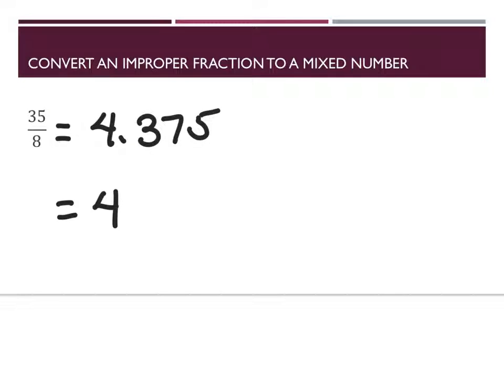So I write the 4 down, but I subtract it off the calculator. So now the calculator screen is only showing me the 0.375. Use your calculator to convert that part to a fraction, and the fraction part of my mixed number will be 3/8.